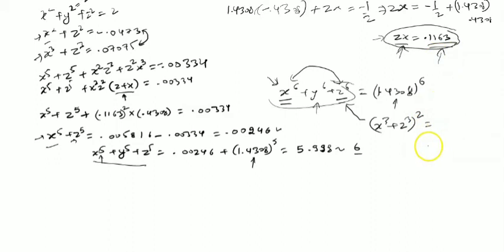And let's say you want to calculate it to the power of 7, you can just multiply x to the power 3 plus z to the power 3 with the square of x square plus z square. You can just multiply their values. So x square plus z square equals minus 0.0473, and x cube plus z cube equals this. So you can find any combination. You can pretty much calculate for any power by just multiplying these two numbers with each other.